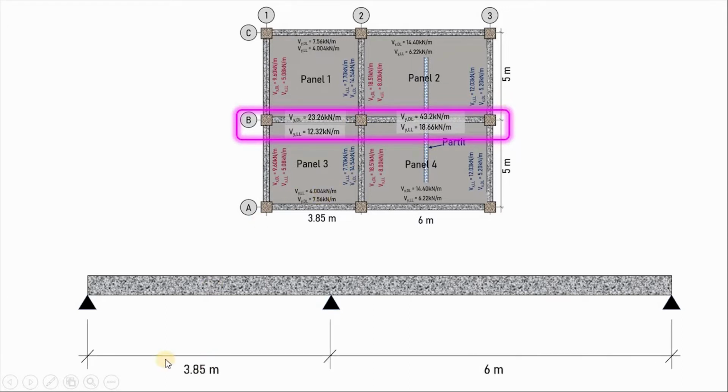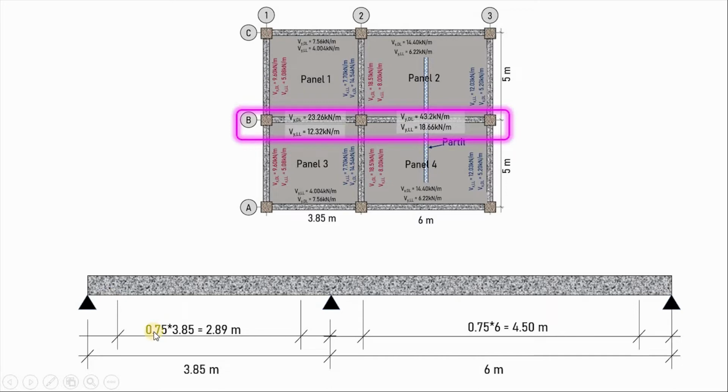So this is my span length. Now I need here the middle 0.75 L. This is my 0.75 L, meaning 3.85 for this span, so the total of 2.89 meter will be here. And here the same, 0.75 times 6 is the span, and I have 4.5 in the middle.